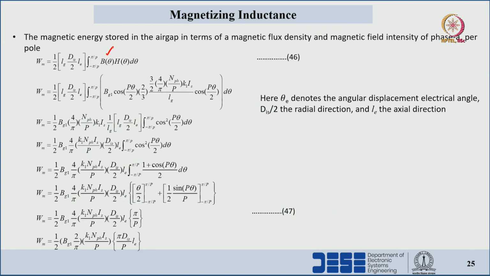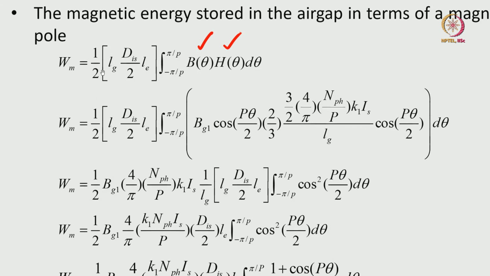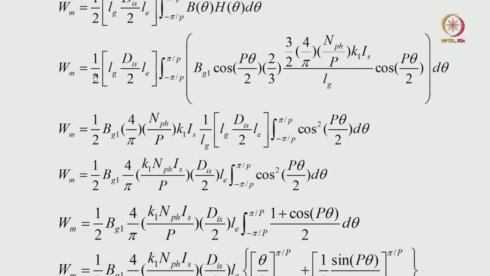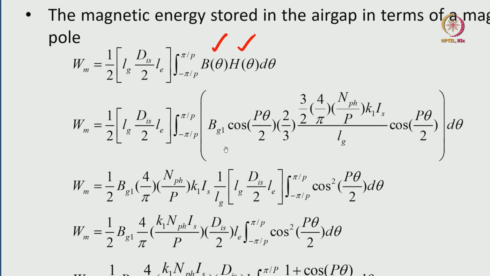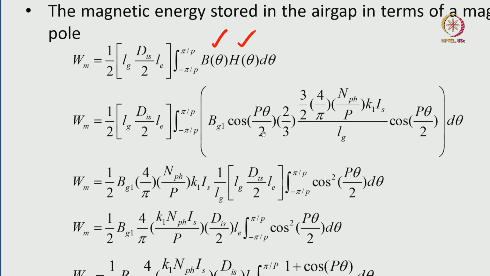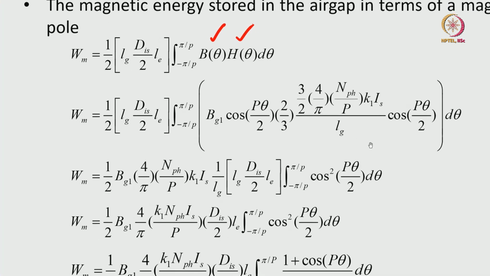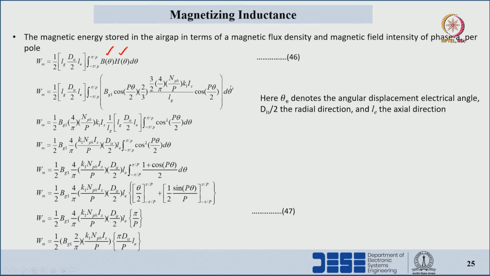If we substitute the B value and H value in the energy equation, this is the term with respect to B and this is the term with respect to H. Both B and H values vary with respect to the angle theta E, that is P into theta by 2, and the remaining are constants like Bg1, 3 by 2, 4 by pi, number of turns, poles and winding factor K1 and current Is.